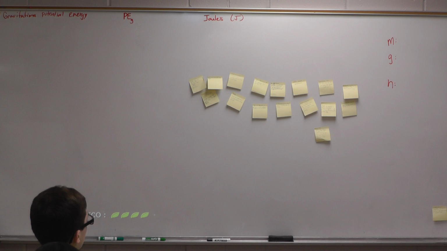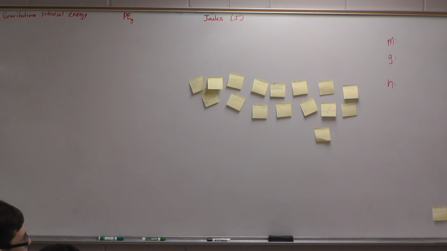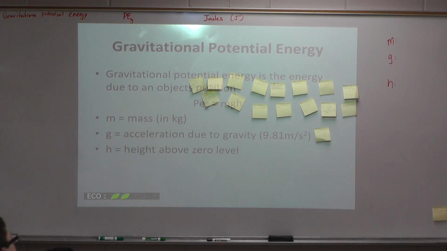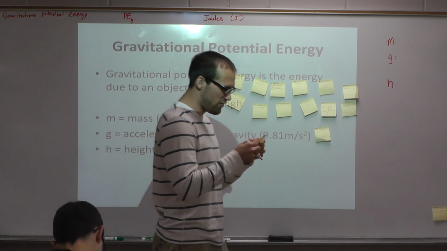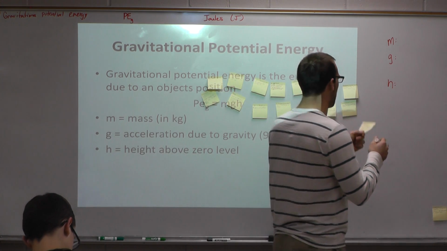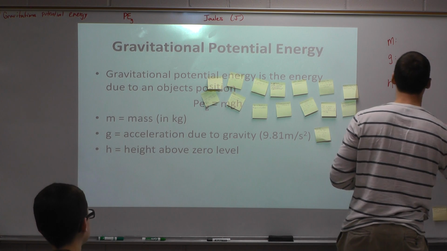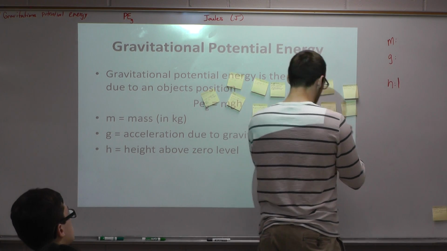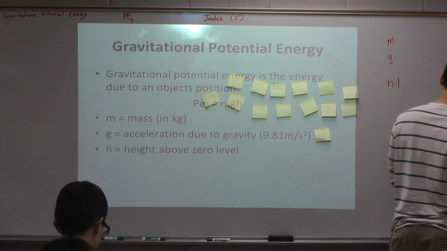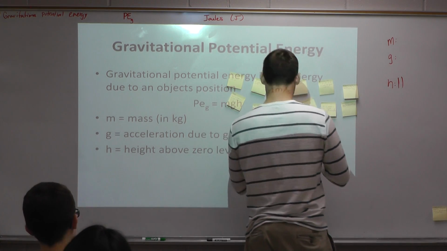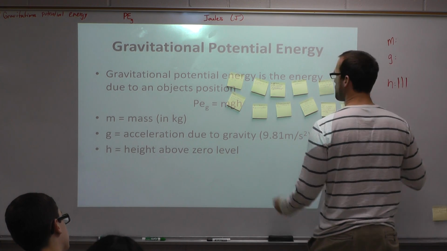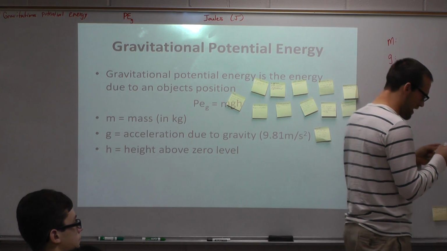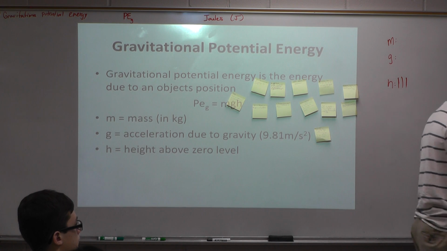Okay, so let's see what we put. All right, we've got height above 0 level because it could change the other variables. We got 1 for height. We got height because we are finding the height. We've got height because all mass falls at the same speed. I think it's mass because the more mass something has, the faster it will move.